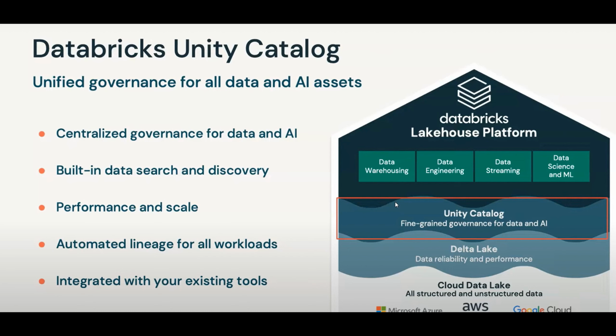It is like a centralized place where you can define permissions for all the different Databricks workspaces you have. So you define your fine-grained governance for your data and AI once in your Unity catalog, and then you propagate that access control to all different Databricks workspaces, instead of defining access controls individually on those workspaces. So that's centralized governance for all your Databricks workspaces.